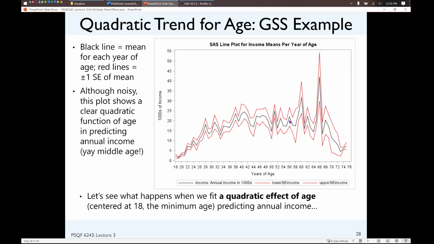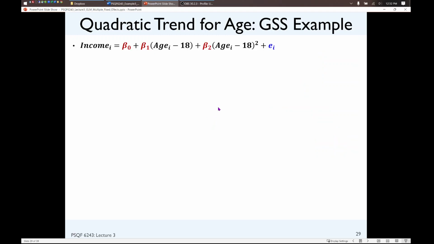So these are messy. This is real data. You can see a spike here at retirement age, and you can see a little bit of noise otherwise, but I would say that this pattern is a good candidate for a quadratic slope because it looks like age has a positive slope relating to income up until about middle age, at which point older ages translate into less income. So let's see what happens.